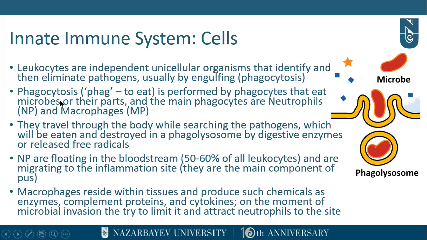So phagocytic cells are those which engulf the pathogens, eating them to destroy them. We have them in the form of neutrophils that are circulating in your blood, and macrophages. These are the two types of phagocytes whose primary function is to eat the pathogens.